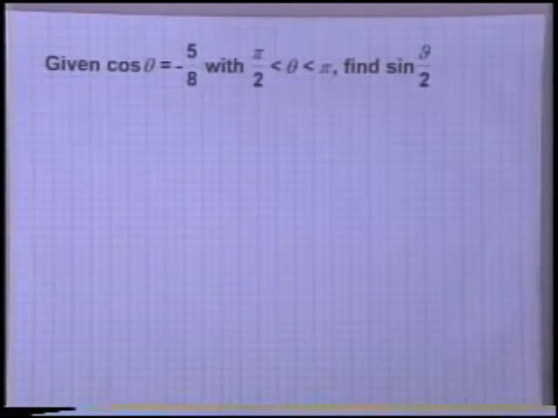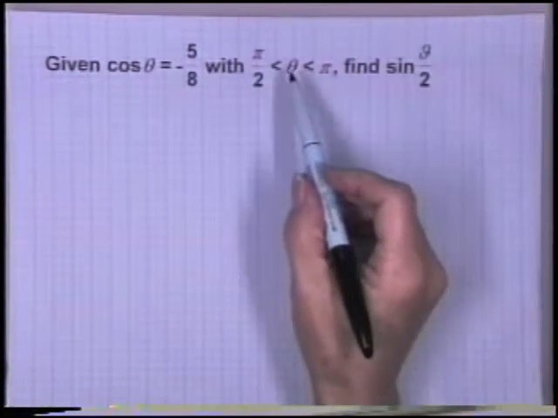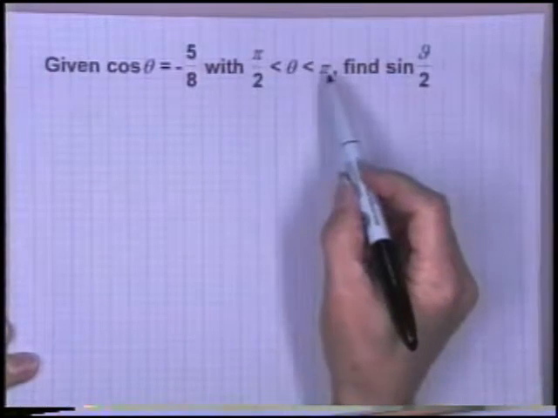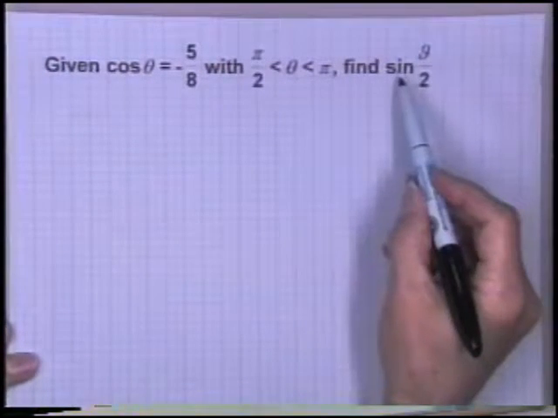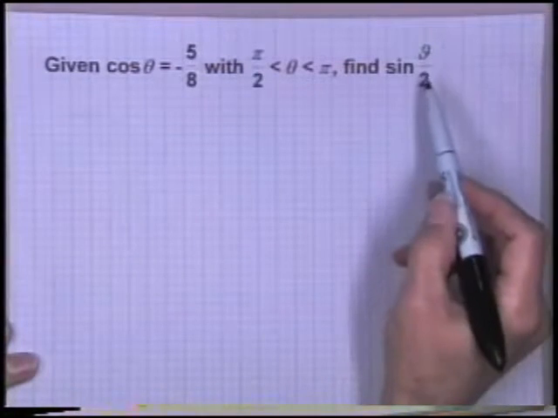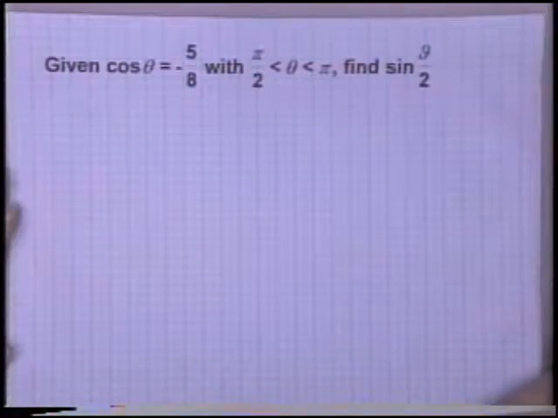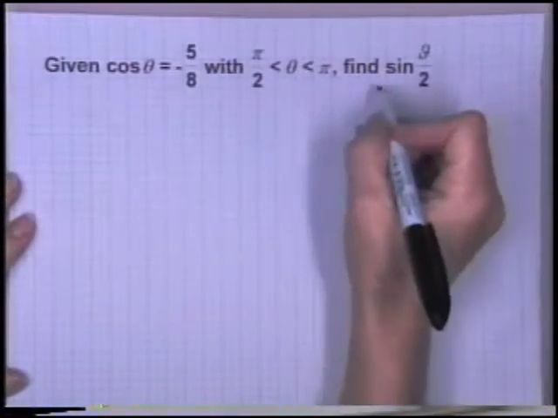Here we are given the cosine of theta is negative 5/8, and also we're told that theta, notice here, is between pi over 2 and pi. And we're to find the sine of theta over 2. Well, let's see.